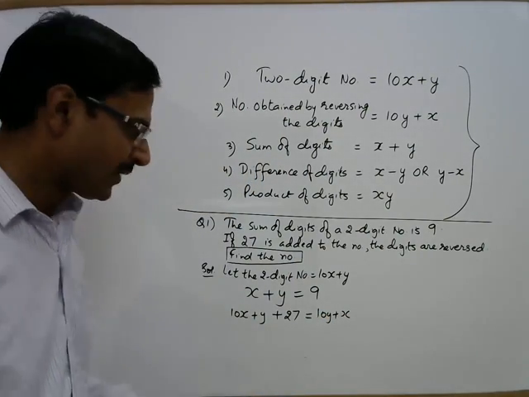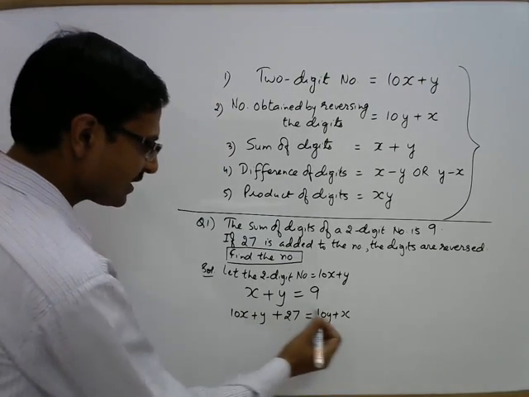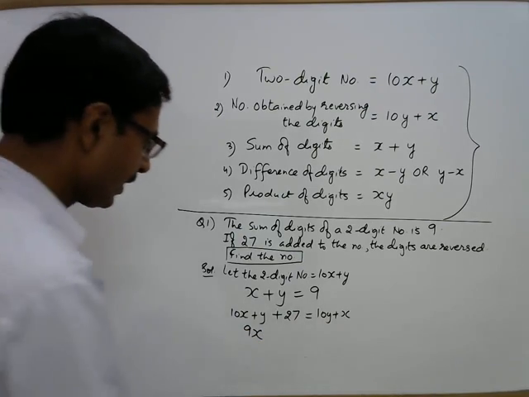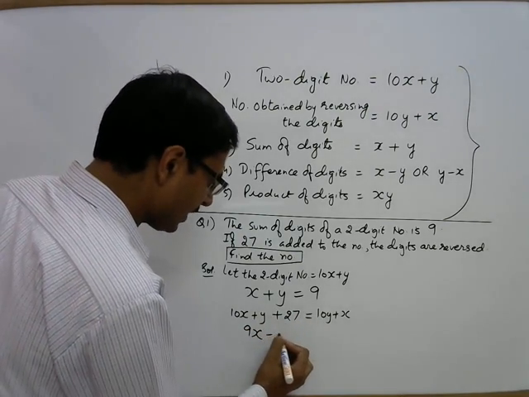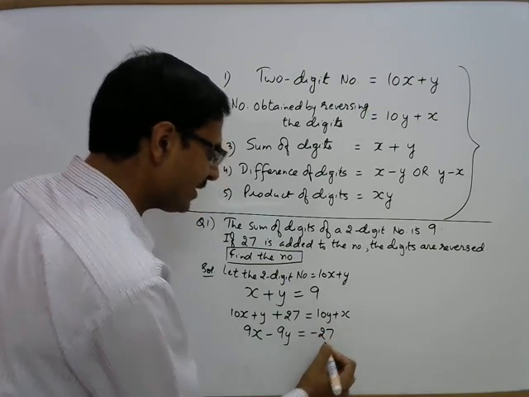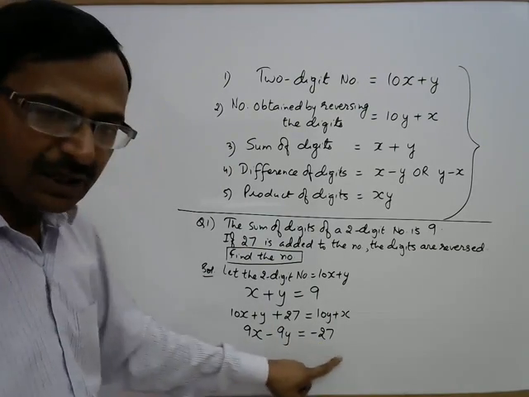Second equation. Just bring the variables on the left hand side. 10x minus x becomes 9x. y minus 10y becomes minus 9y. And 27 goes that side, minus 27. Now you can cancel out 9 from this equation.